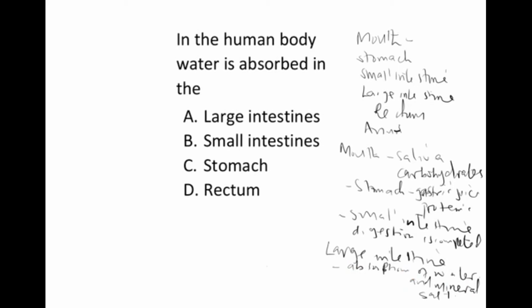So in our question, it was asking about the part of the human body where water is absorbed, and through our short notes here, we find it is the large intestine which helps in absorption of water and dissolved mineral salts. So in that case, our answer will be A. That now becomes our answer.